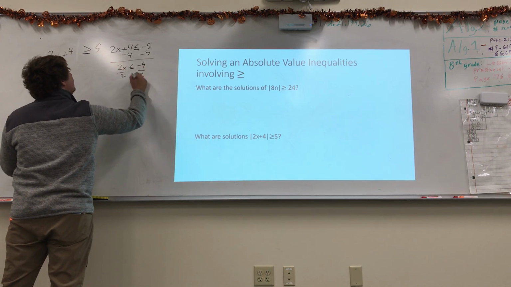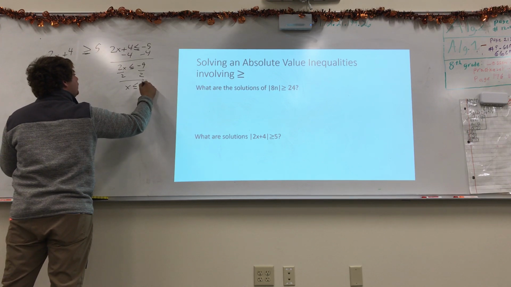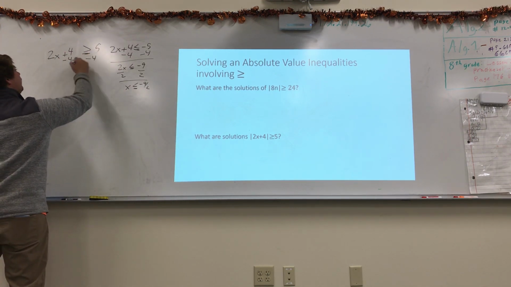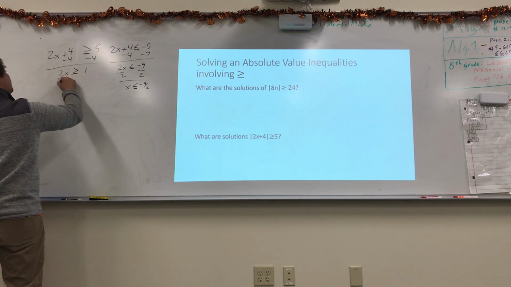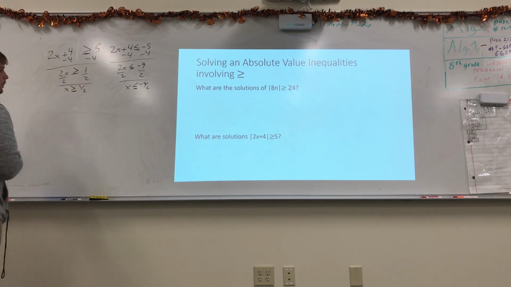Divide by 2, and x is less than or equal to negative 9 over 2. Over here, we're going to subtract 4. We're going to get 2x is greater than or equal to 1. Divide by 2, divide by 2. We're going to get x is greater than or equal to 1/2. Those are my two solutions for that one.